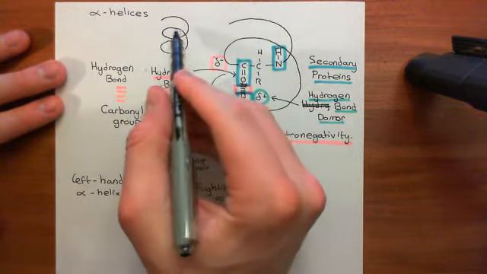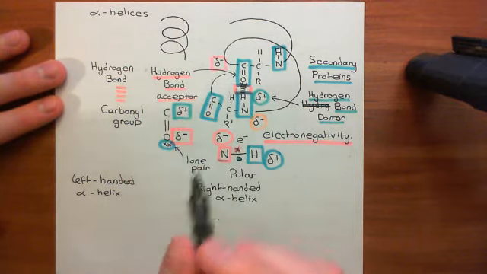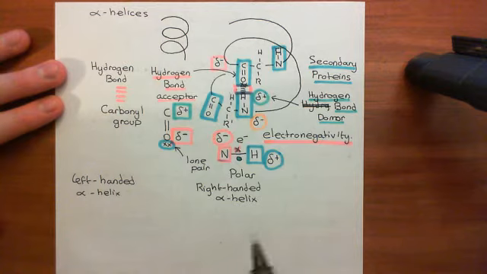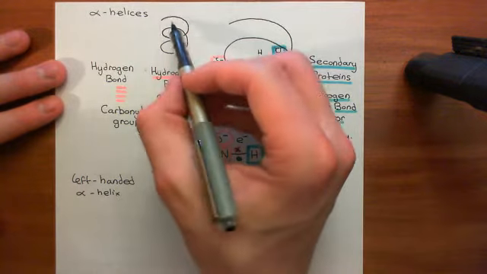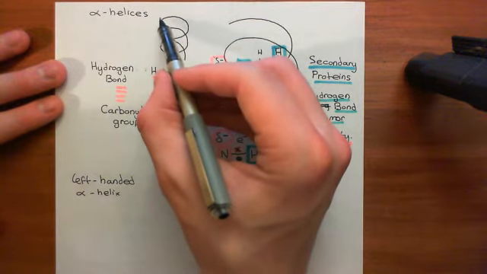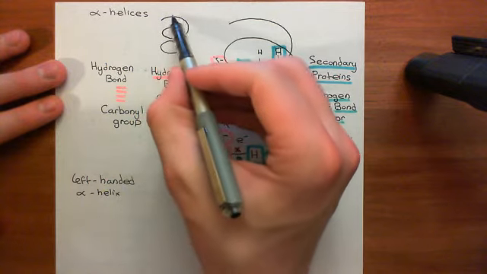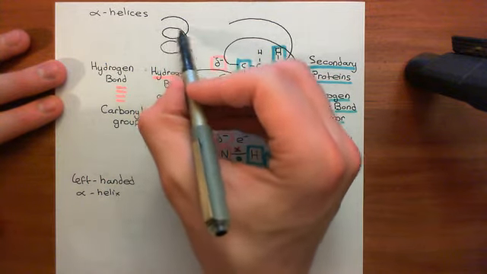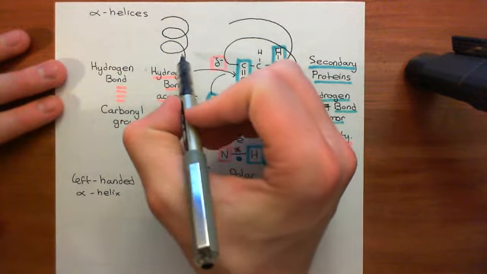So let's start with the right-handed alpha helix. What characteristic feature does a right-handed alpha helix have? Well, basically, you take your alpha helix, and if it's a right-handed alpha helix, then you work your way around the alpha helix, going from the top to the bottom. You declare one side to be the top and one side to be the bottom.